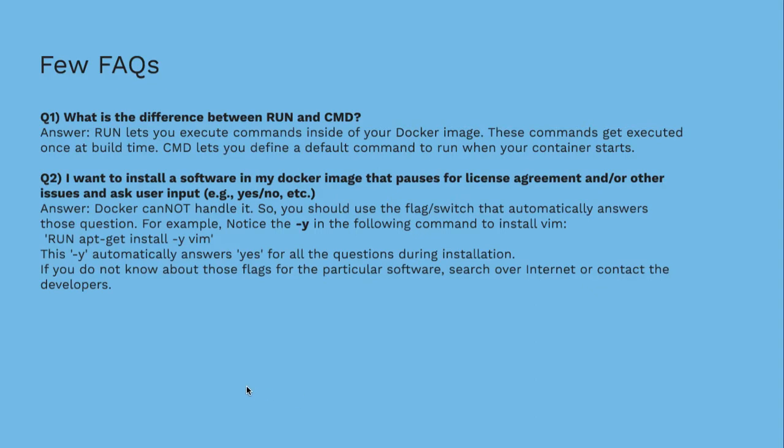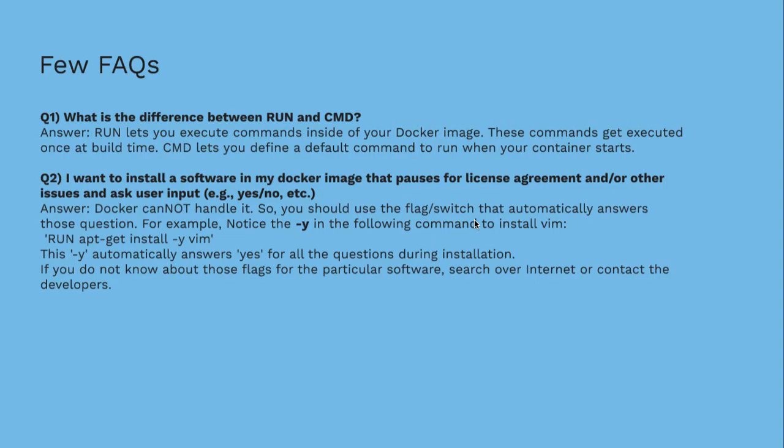Another question that is important to know, and many times it is a source of mistakes: if you want to install software in the Docker image which pauses for a license agreement and asks for user input, Docker cannot handle it. So you should use the flag or switch that automatically answers those user questions.